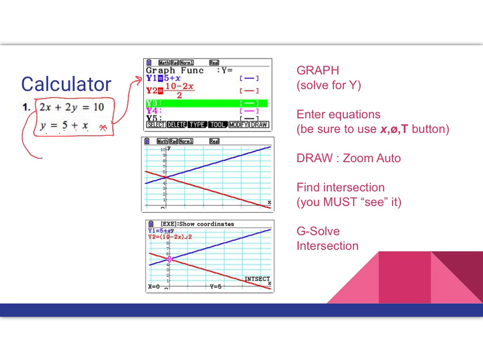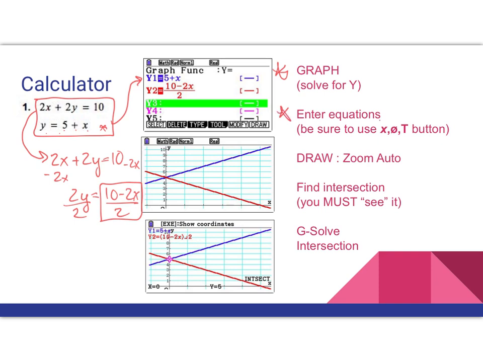The secondary one I've got to change, so I take my 2x on a piece of paper, and I'm going to minus the 2x. So I've got 2y equals 10 minus 2x, divide by 2, and that gives me my second equation. Type those both in. That was that graphing solve.